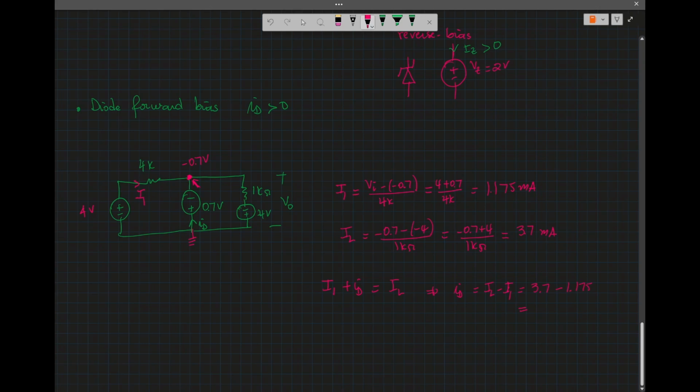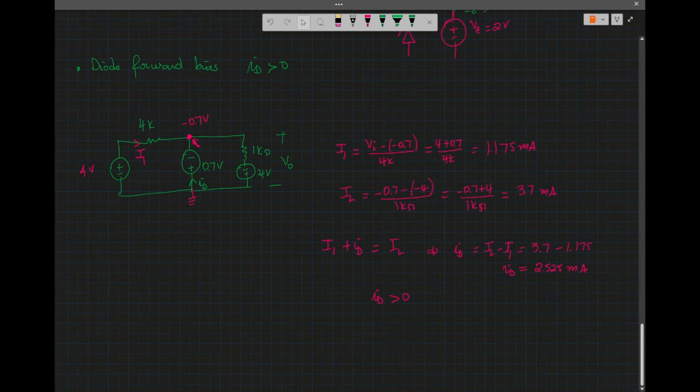That gives me 2.525 milliamp. So in this case, ID is positive. So the diode is indeed forward bias.